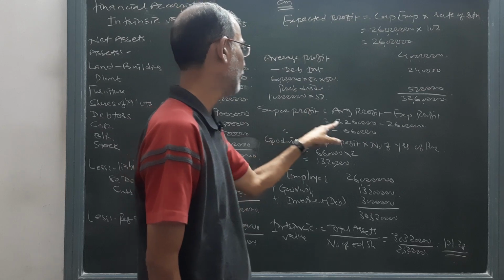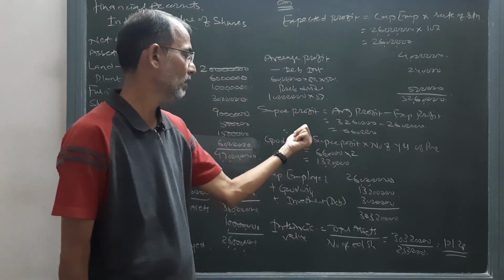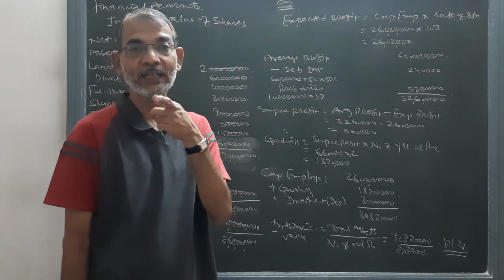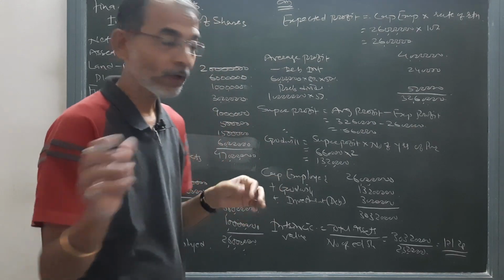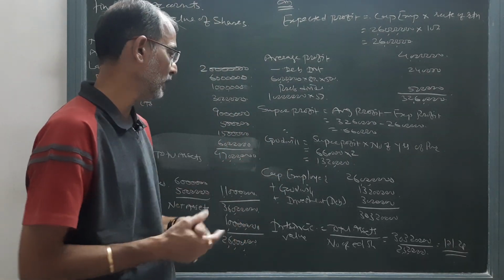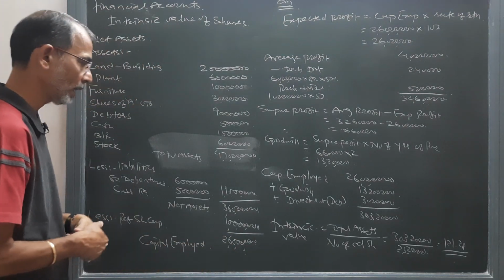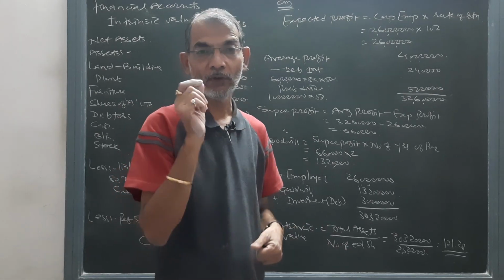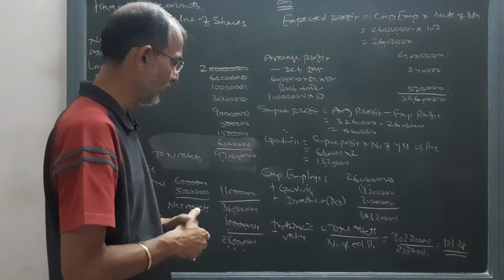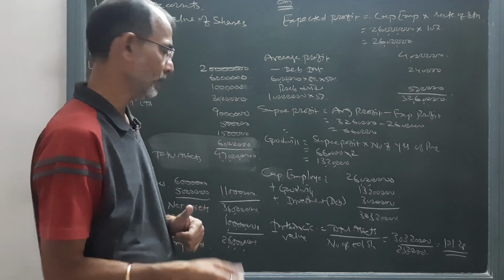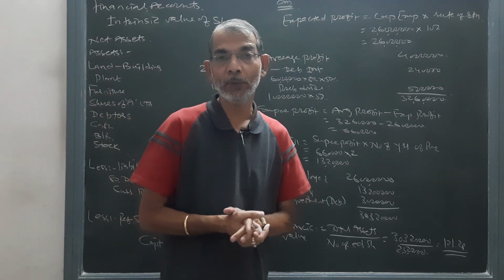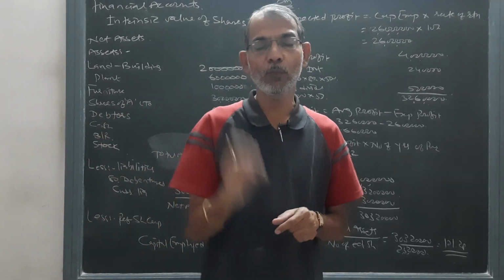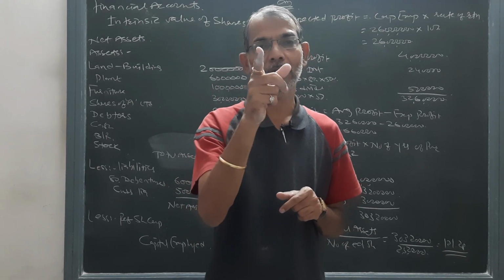Now super profit is average profit minus expected profit, which gives us 6 lakh 60,000, and goodwill is twice of that, and that is 13 lakh 20,000. Now to calculate intrinsic value, first we need capital employed, which was 2 crore 60 lakh, goodwill 13,20,000 and non-trading investment of 30 lakh. So that remained 3 crore 3,20,000, which we divide by the number of equity shares, and the resultant answer is the intrinsic or book value of equity share.